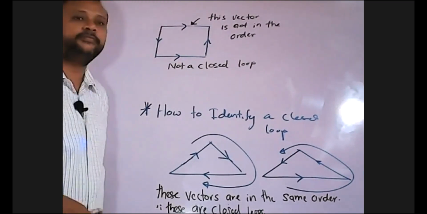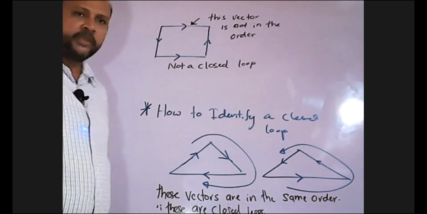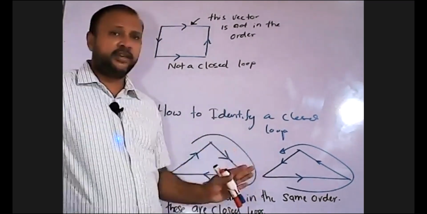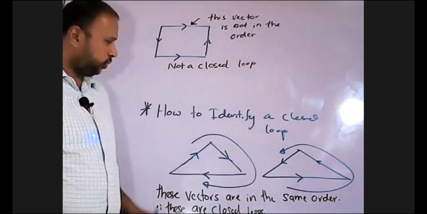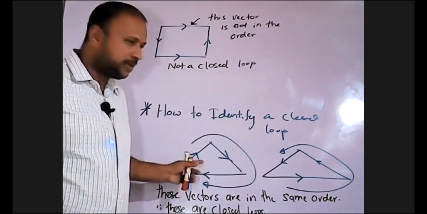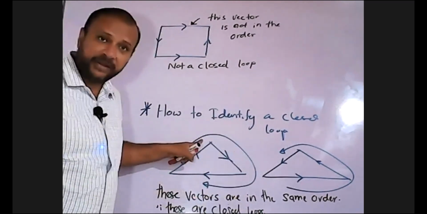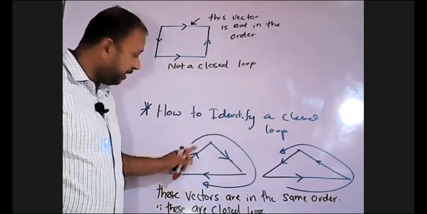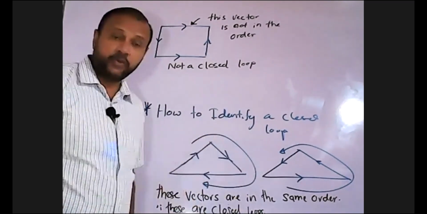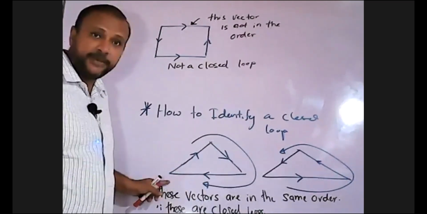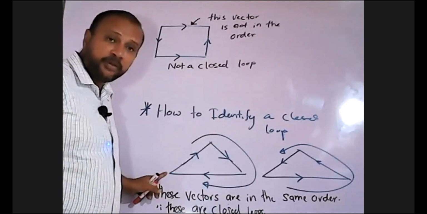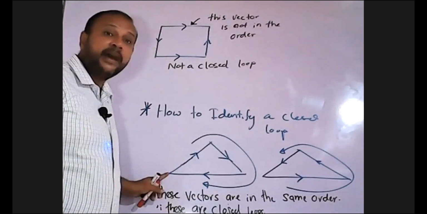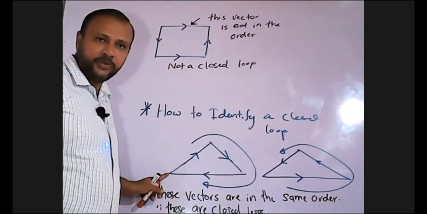Yes, if it is a closed loop the resultant is 0. There is another way to identify a closed loop. If it is a closed loop, what will happen? The starting points and end points overlap until the last vector. The starting point of the first vector and the end point of the last vector coincide, no?